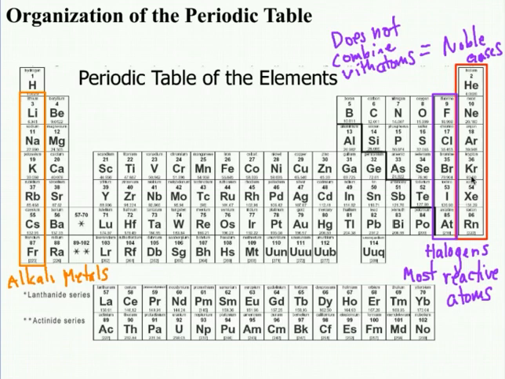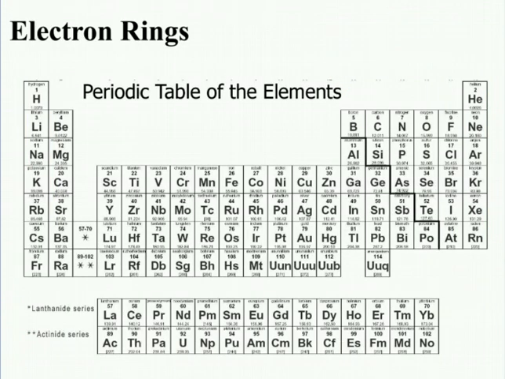Next, we're going to talk about how we figure out how many electron rings an atom has. I started talking about this last week, and I gave you some hints. It's actually pretty simple, but you have to know how to read the periodic table to figure it out. And basically what it means is when you're drawing this out.